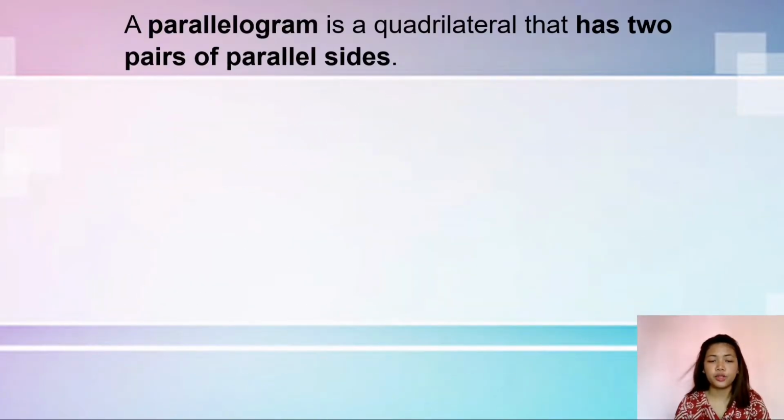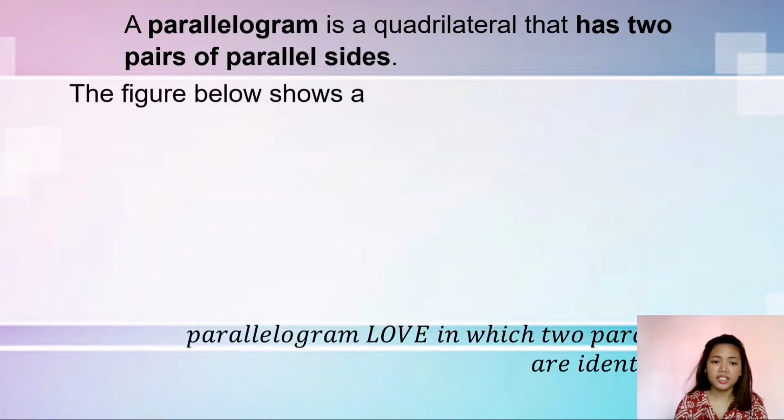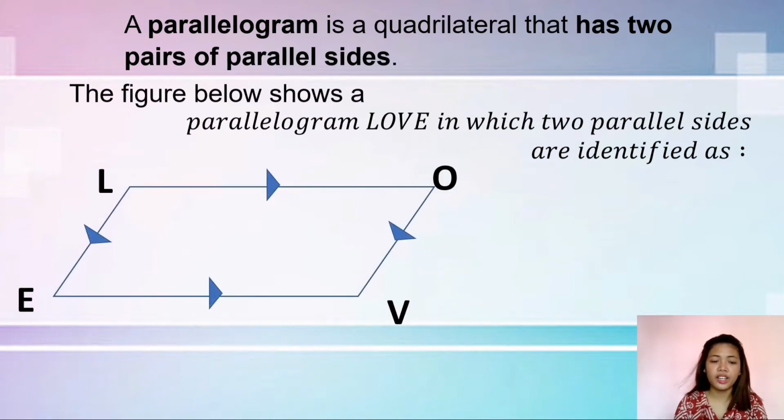Let's have an example showing that a parallelogram is a quadrilateral that has two pairs of parallel sides. Gamitin natin yung figure na nandito. So here we have parallelogram LOVE. So how do we name a parallelogram? Nagpapangalan tayo ng parallelogram using big or capital letters, naming its vertices.